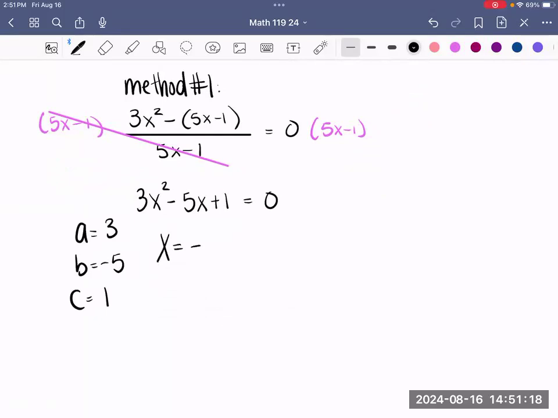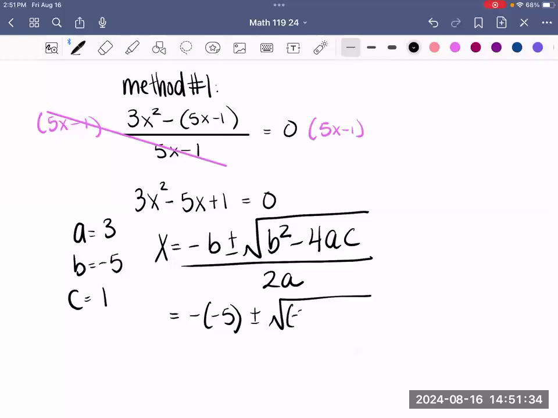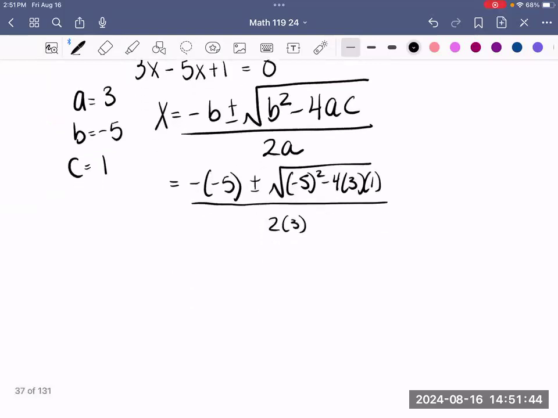So x is equal to -b plus or minus the square root of b squared minus 4ac all over 2a. So plugging in what we have, using parentheses to your advantage, we end up with 5 plus or minus the square root of 25 minus 12 all over 6.